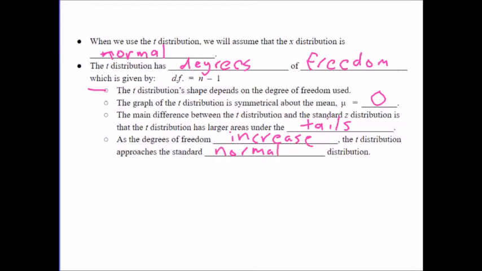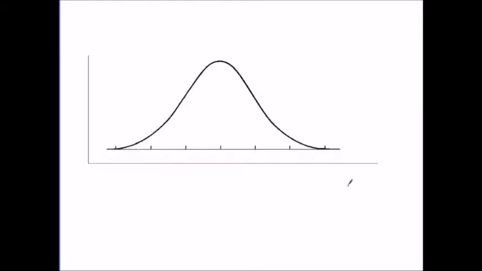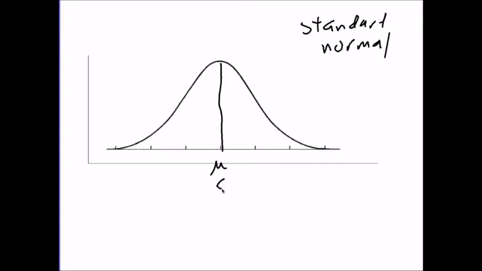As a little visual, here is, let's say, the standard normal curve. So let the black line be the standard normal. Again, it's centered above mu, which for the standard normal is 0.